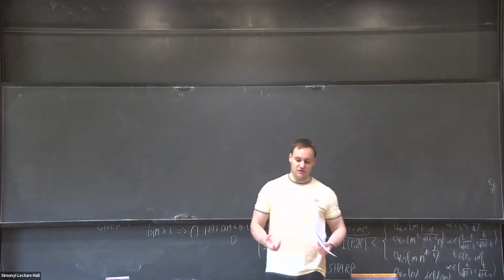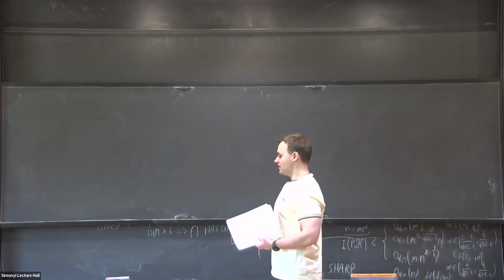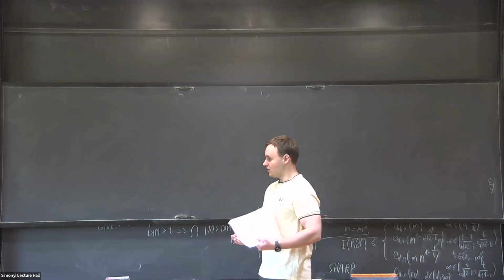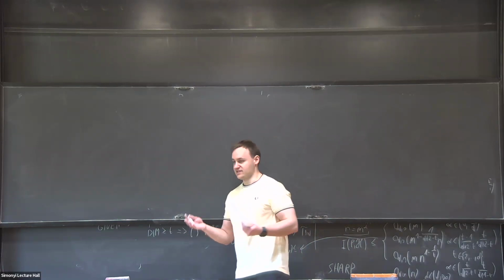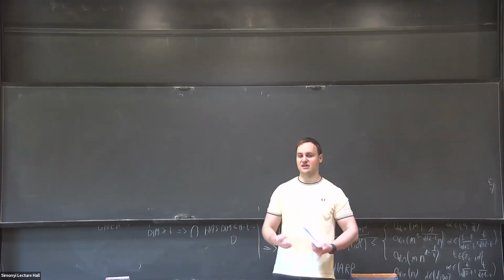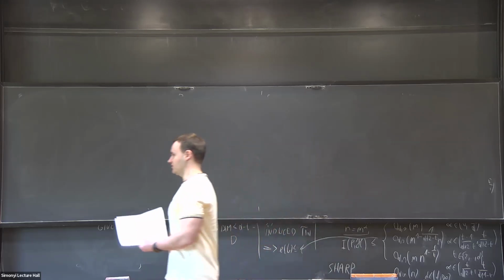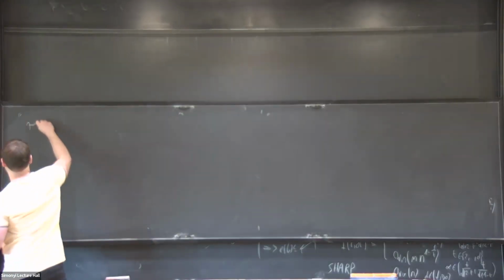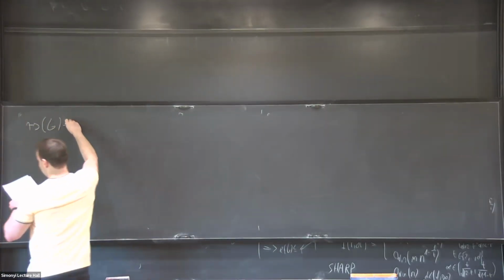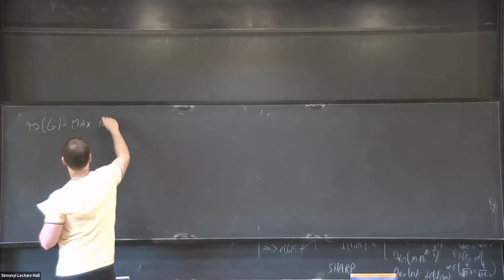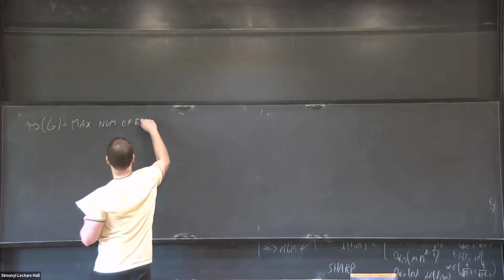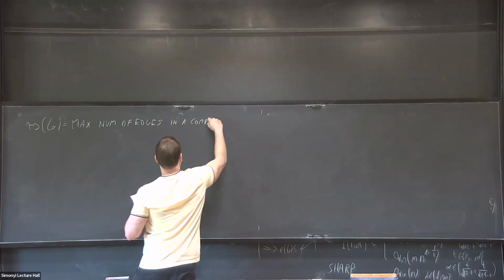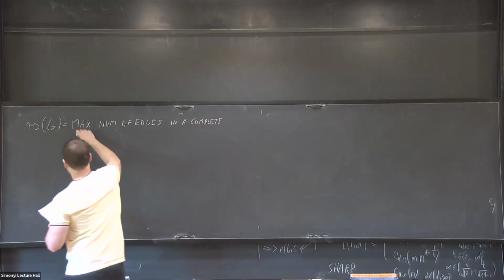The other question I mentioned is what happens when we consider S not as a constant, but some function of M and N. In other words, if we have a point-hyperplane incidence graph with many edges, what is the size of the largest complete bipartite graph you can find? Let me introduce this notation. R of G will be the max number of edges in a complete bipartite subgraph.